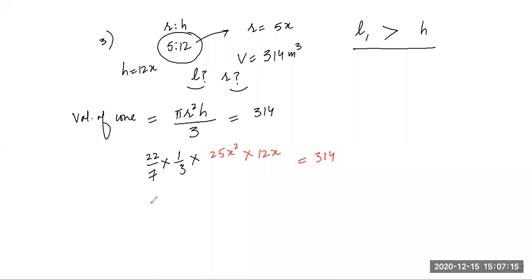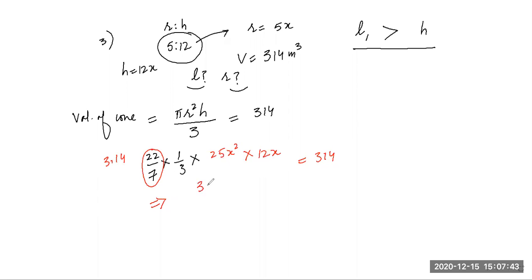Now, you can assume pi is 22 by 7, or you can assume it as 3.14. If you assume 3.14, 25 into 12 is 300.